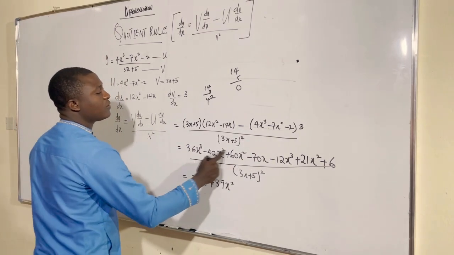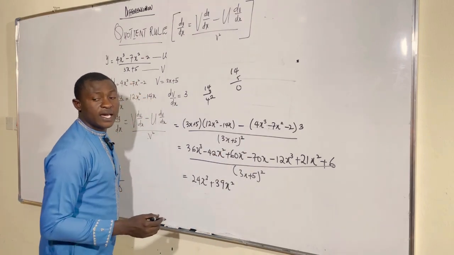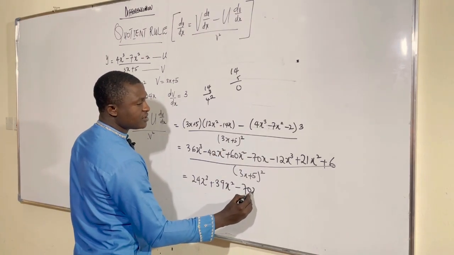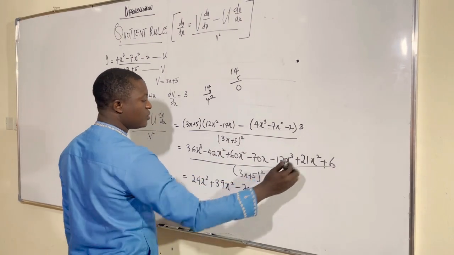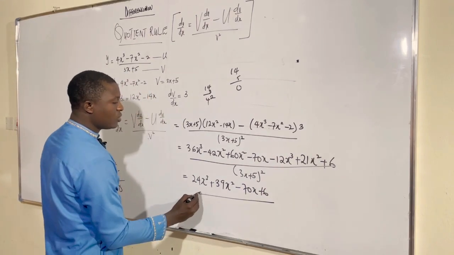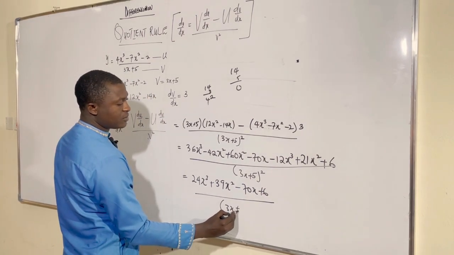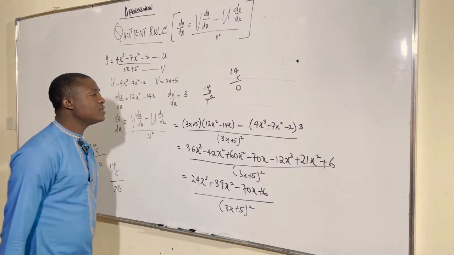Out of all these terms, this is the only one with x, so that is minus 70x. Then we have 6 plus 6, all divided by 3x plus 5, all squared.